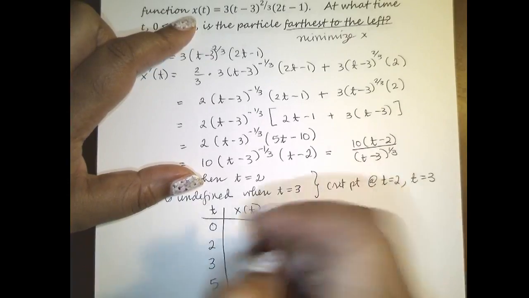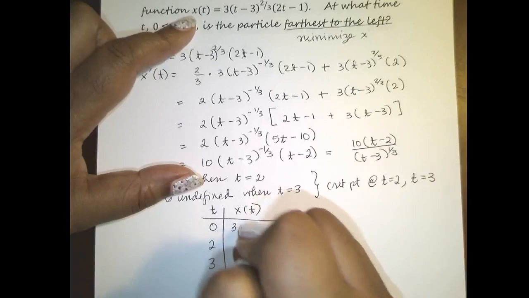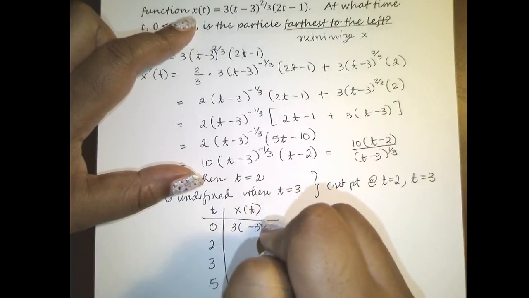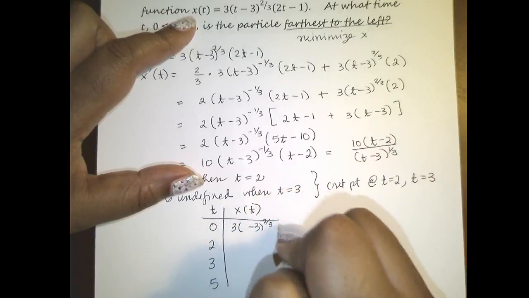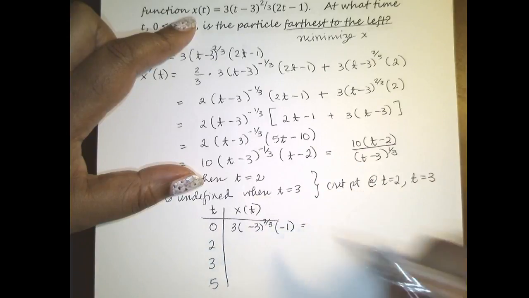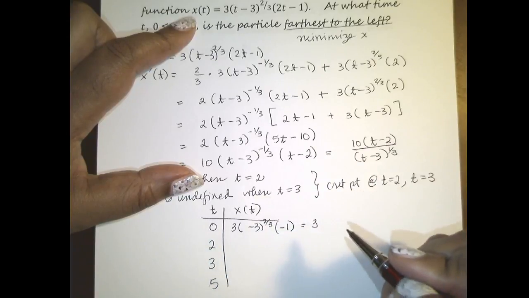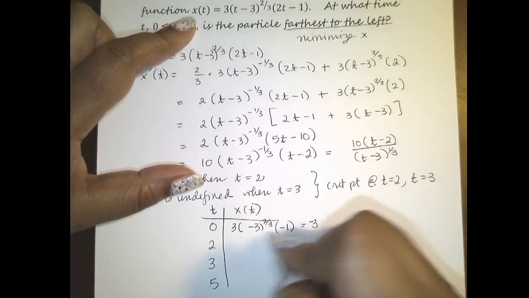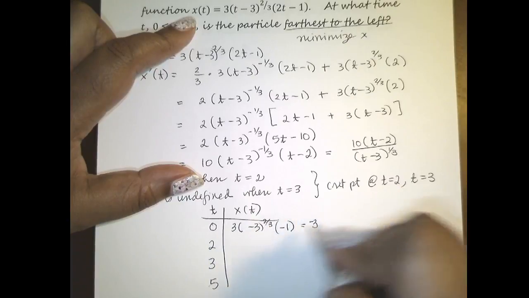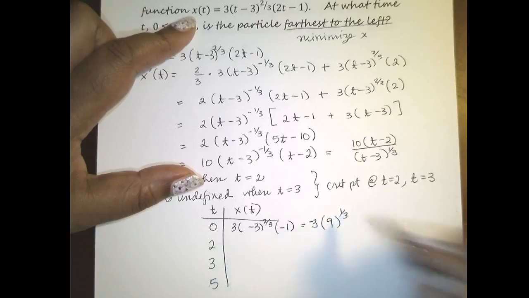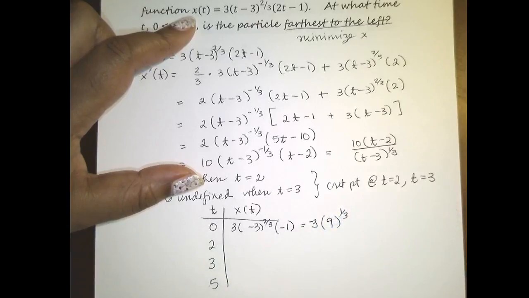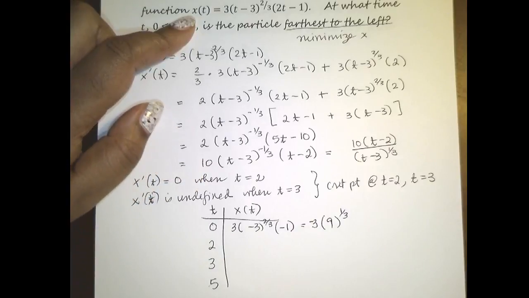So when I put 0 in for t, I get 3 times negative 3 to the 2/3 power times negative 1, which is negative 3 actually. So negative 1 times 3 is negative 3. And I'm going to write this as negative 9 to the 1/3 power. So clearly that's a negative number, so thinking that might be a candidate for being farthest to the left.